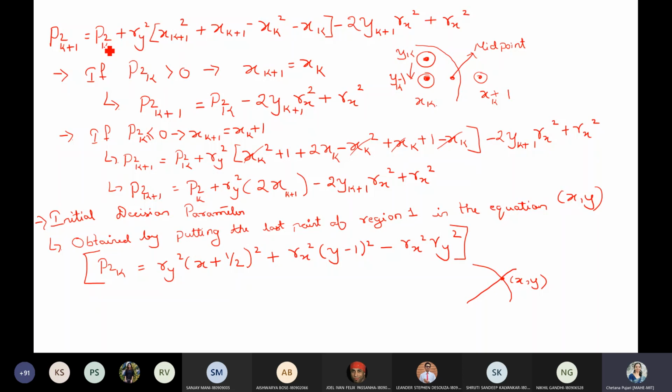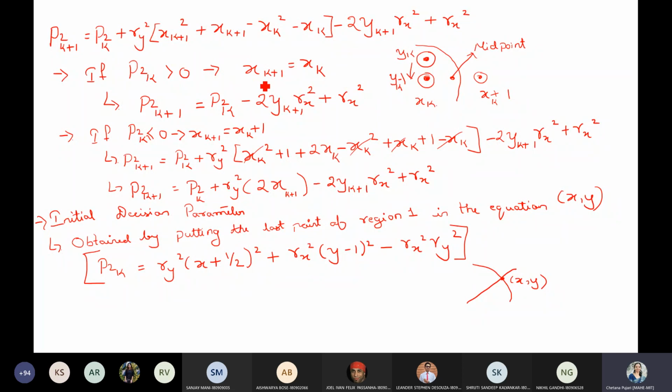Okay, so in the previous slide we have seen that P2 of k plus 1 minus P2 of k, we got an equation. So the same equation I have written over here. We have just taken your P2 of k to the right hand side. It's the same equation otherwise. So next we are going to check the condition, that is if decision parameter P2 of k, that is region 2 of k, is greater than 0, then your midpoint is lying inside the boundary.